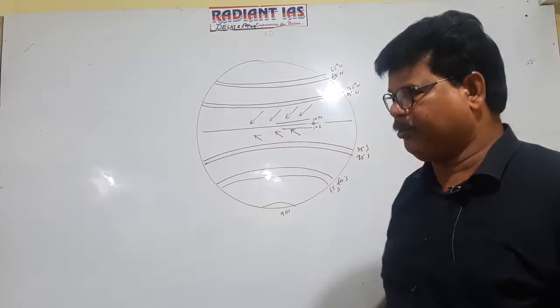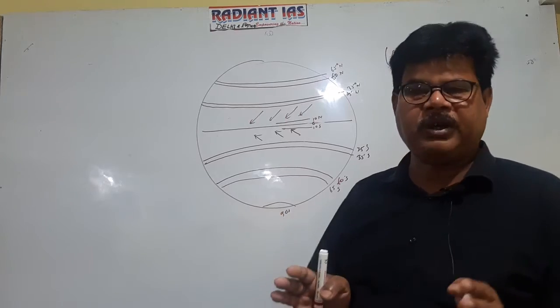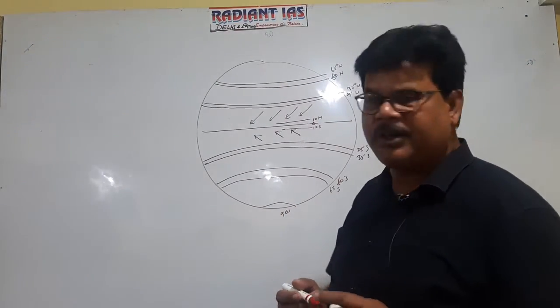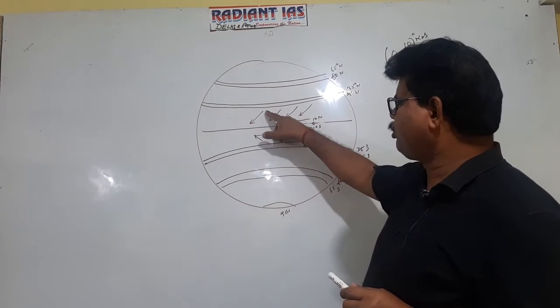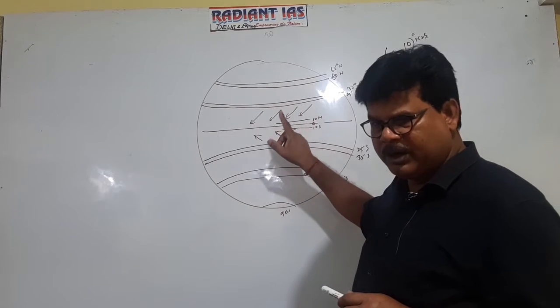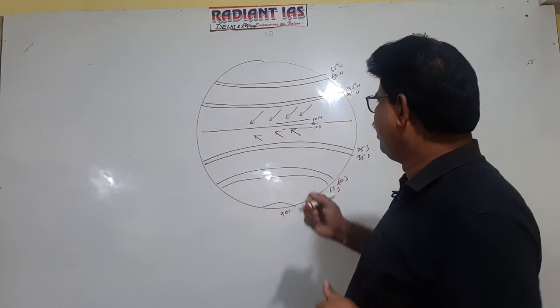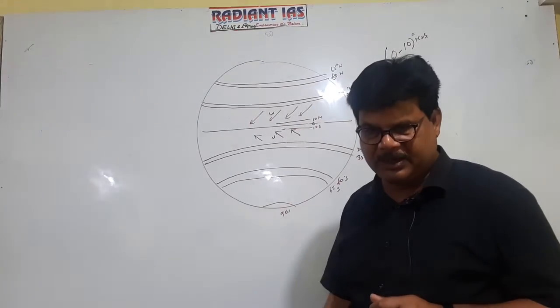Now see, I said that whenever there is convergence of wind along a line, a front is formed. Though there is convergence of the two trade winds along a line, to be noted, a front is not produced here because both winds are warm. They have the same character.